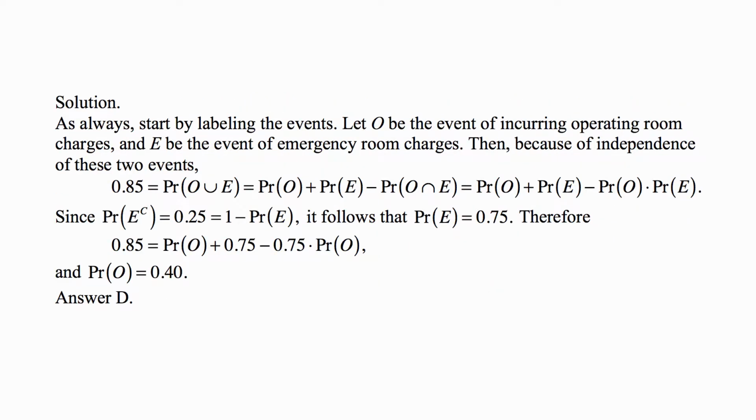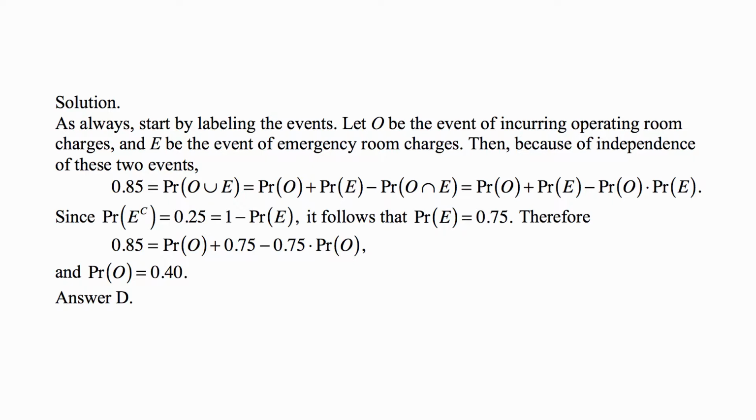So in such basic probability questions, start by labeling the events and then write down what you know and clearly specify what you're looking for. Let's write O for the event of incurring operating room charges and E for the event of having emergency room charges.